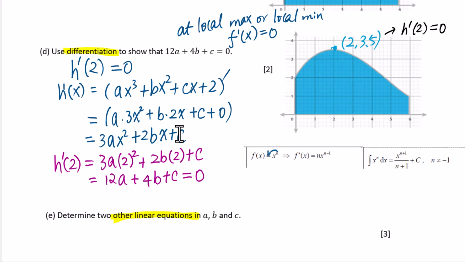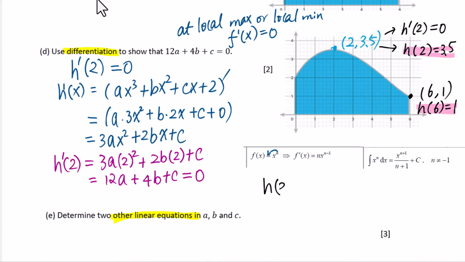We can still put it into h(x), which is h(2) = 3.5. Also this point (6, 1), h(6) = 1. We will use these two equations to form the equations we are looking for.